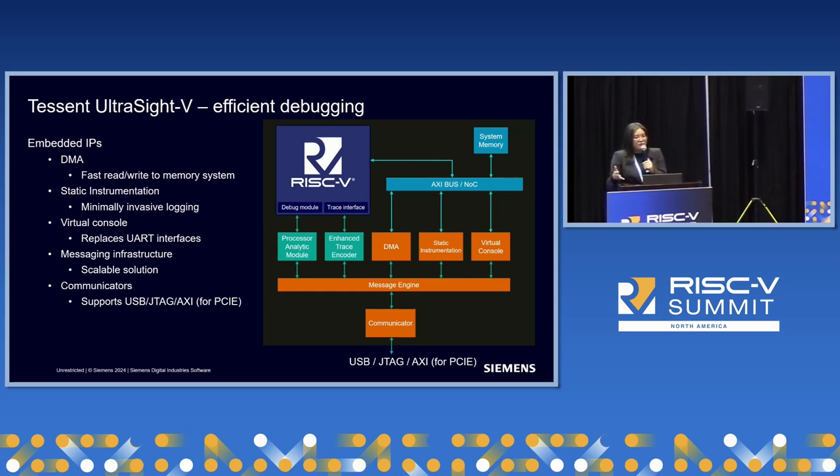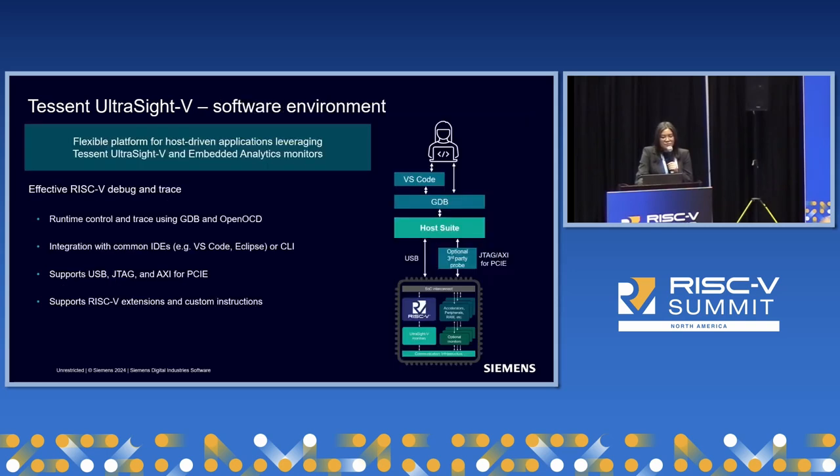And as I mentioned before, the message infrastructure is also scalable. So in the future, if you want to extend the solution to a full system-level debug, you can have additional embedded analytic modules or monitors added to the message infrastructure. And our communicators also support USB, JTAG, and AXI protocol for PCIe access.